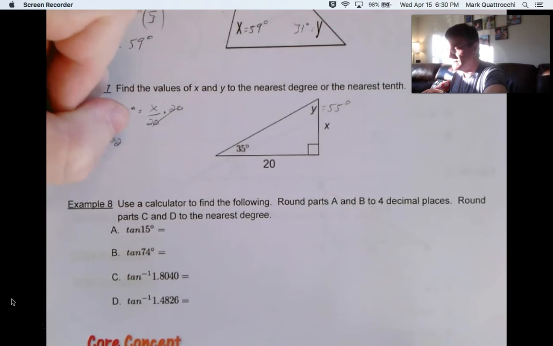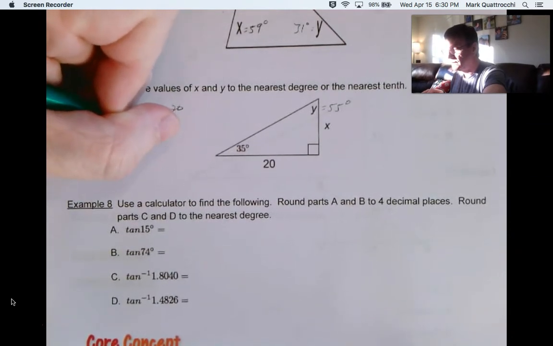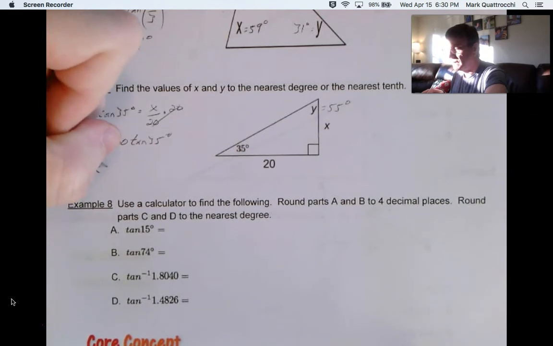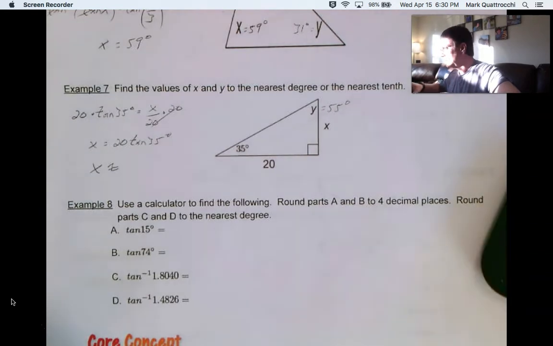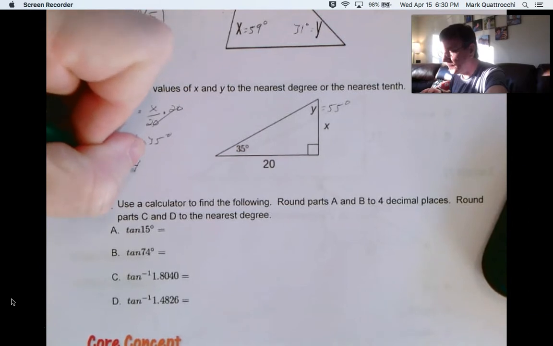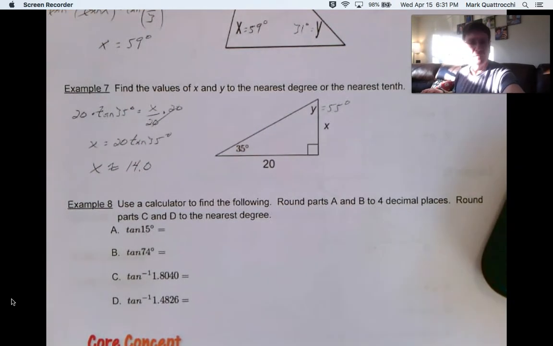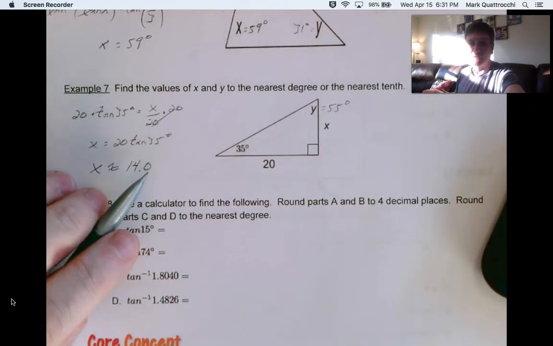X equals 20 tangent 35 degrees. We're going to round this to nearest tenth. Go to our calculators. And I've got 14.0 is the value of x. Okay, and yes, you need the 0.0 because we are rounding to the nearest tenth.